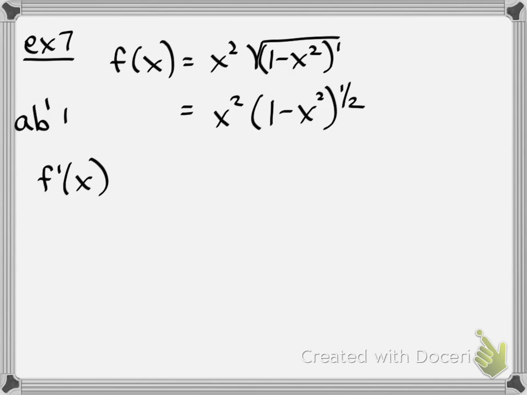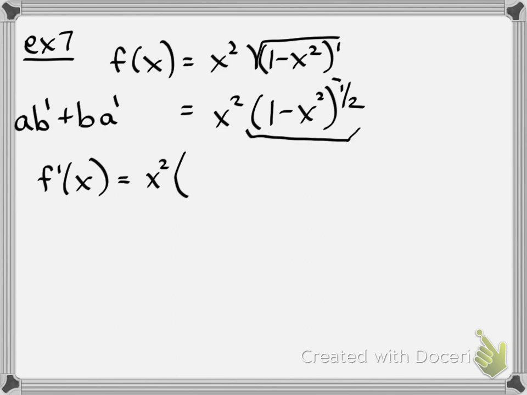And this is our product rule. So first, times derivative of second. That's all of this. So we'll take chain rule here. See how we have an inside function, the 1 minus x squared, and the outside function was the square root, so we're going to have to do the chain rule.